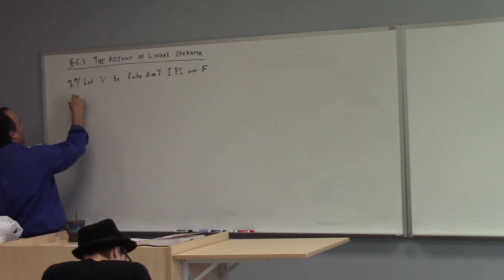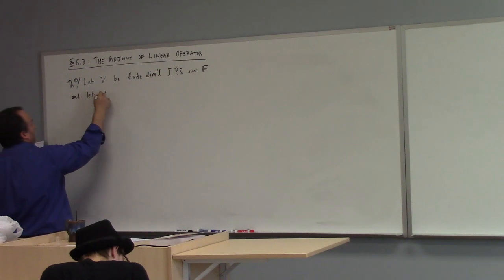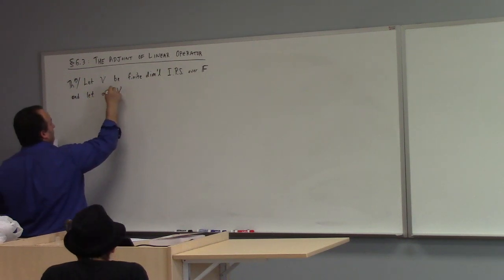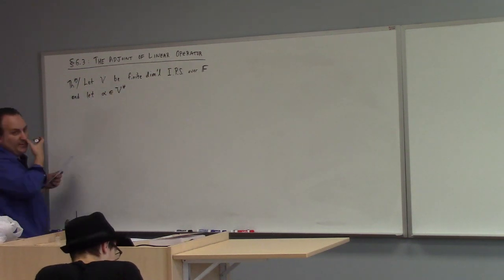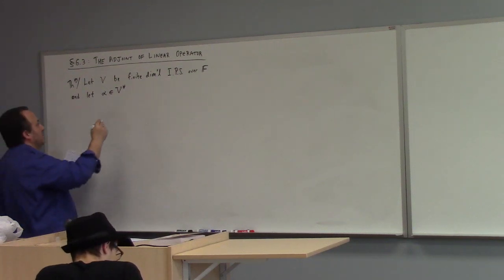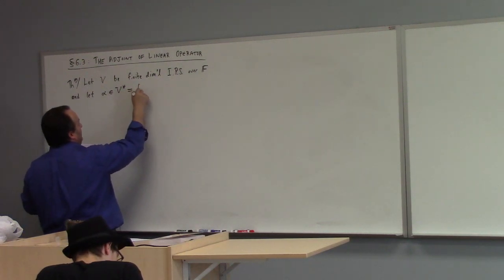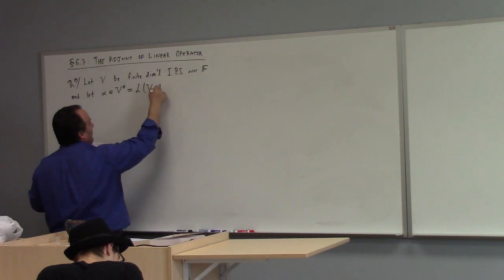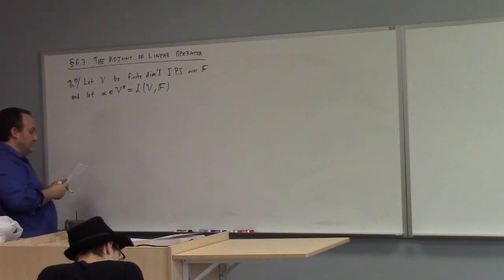And let alpha be a dual vector. And remember what that means: it's a linear transformation from V back to the field again, right?